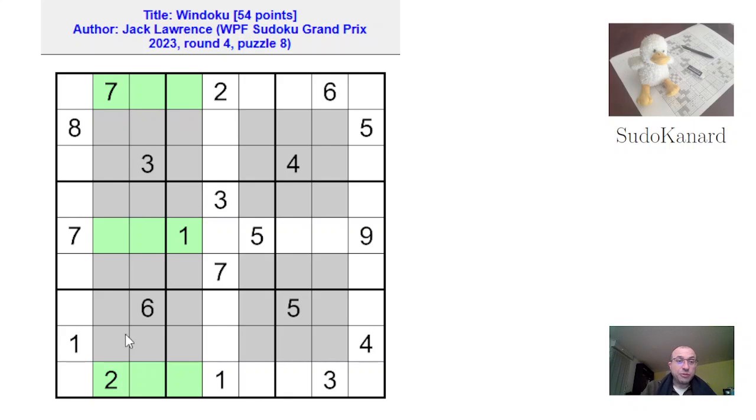And if you remove the two windows, then those 9 green cells will contain every digit from 1 to 9 exactly once. And there is the same with those 9 digits by exactly the same argument, and the same with those 9 digits, and finally the same with those 9 digits.